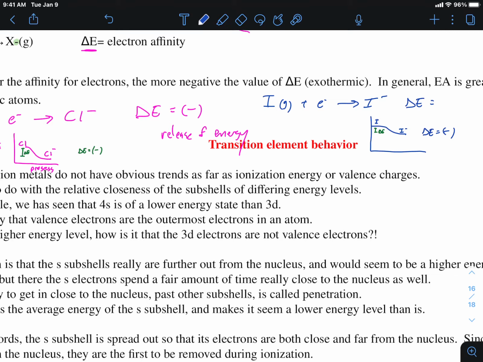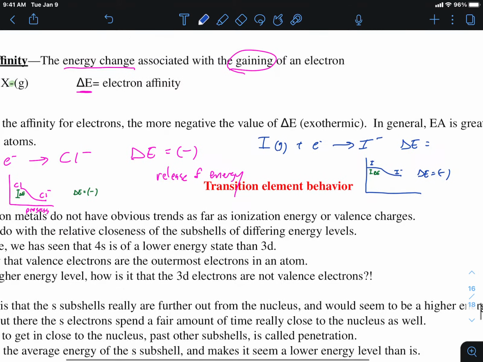So if you add an electron to iodine, it's still going to be farther away from the nucleus, so not as much attraction will be formed, so it won't release as much energy. Yeah, that's right. The attraction that forms between the electron and iodine cannot be as strong as it would between chlorine, because with chlorine, the electron gets a lot closer to the nucleus. With iodine, it doesn't get as close to the nucleus because iodine is a large atom to begin with.